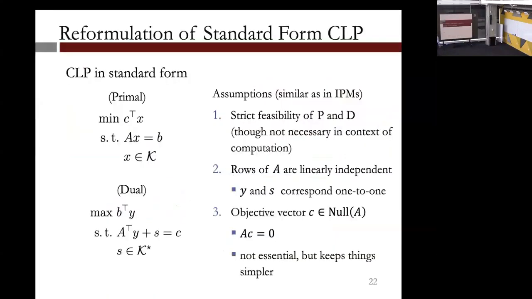Here's our problem: minimize CX, AX equal B, X in the cone. Here's the dual problem. S is my dual slacks that sit in the dual cone.